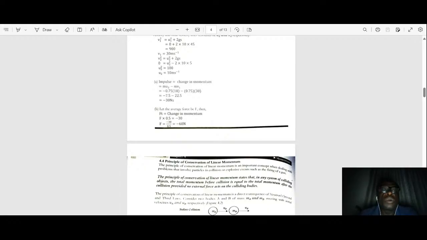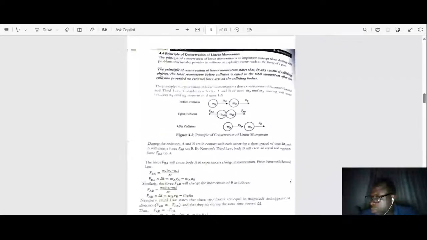So we will move on. We have what we call the principle of conservation of linear momentum.